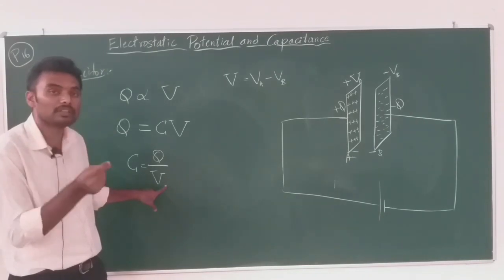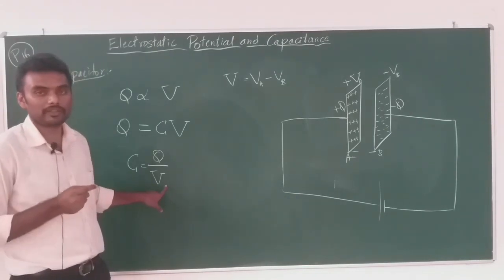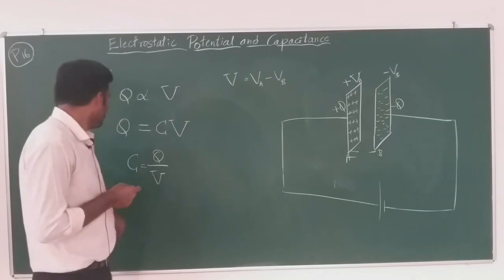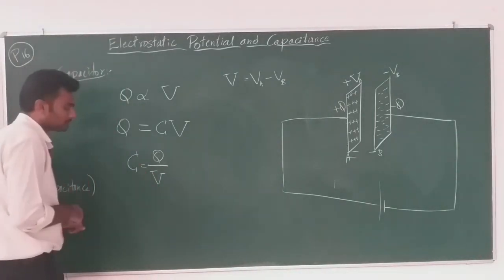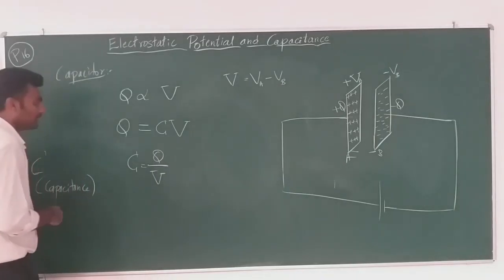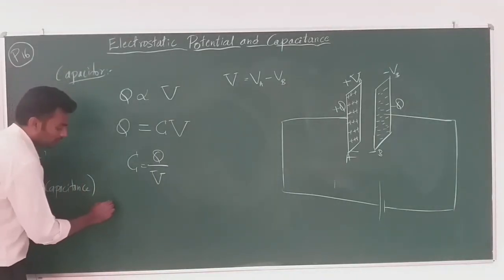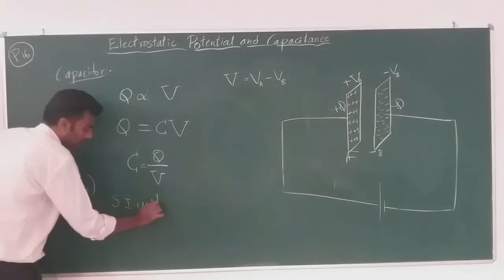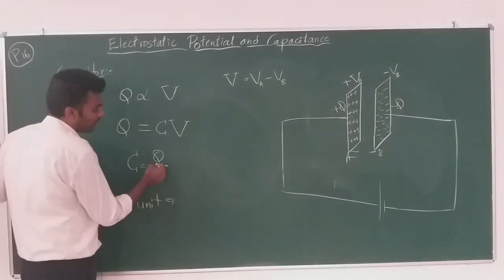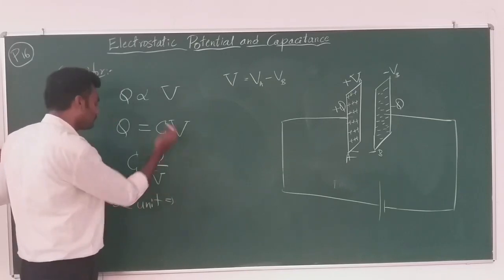We are worried only about the magnitude of the charge now. So that is how we define C, the capacitance. And this capacitance has an SI unit, given by, you could say, sir, this is coulomb, this is volt, so coulomb per volt.